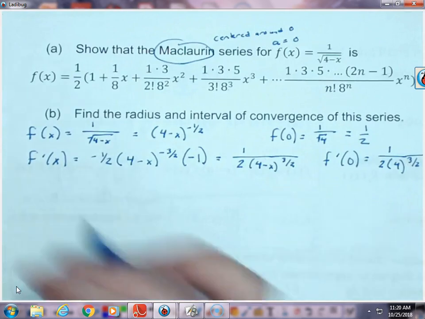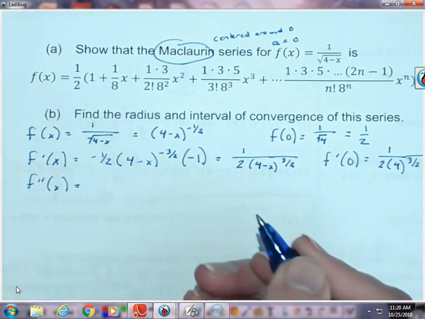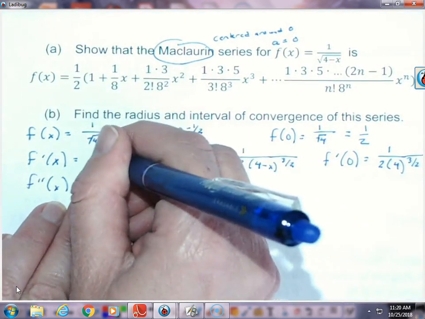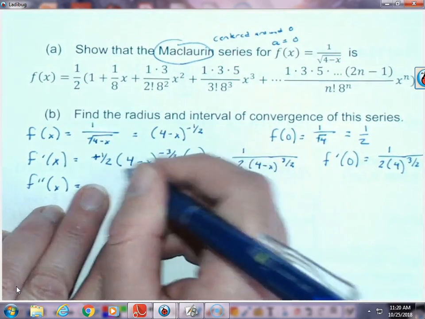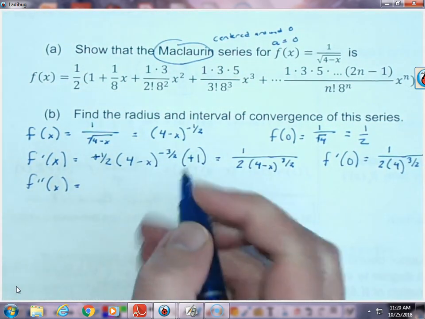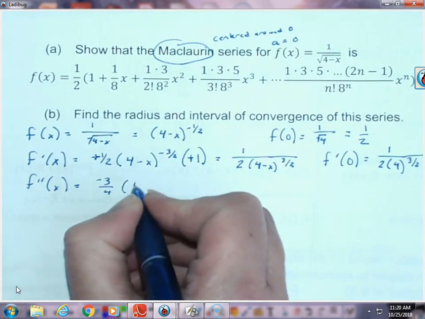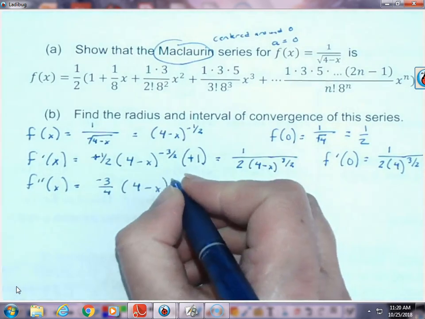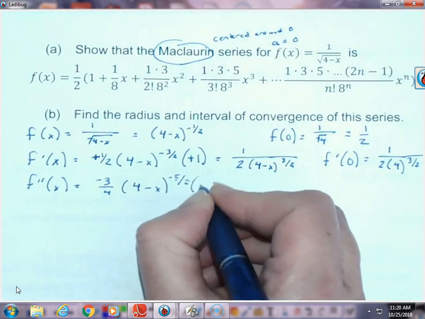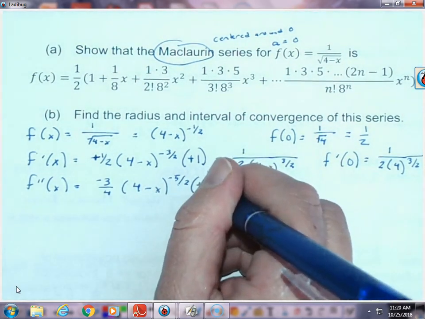Okay, so we're going to take another derivative. And it's easier in this form, so I'll just go ahead and make that plus plus, so we can kind of ignore the 1 and just do this. So we're doing the negative 3/2 times the 1/2. And then 4 minus x to the, perfect, times negative 1. Okay, so we're going to go ahead again and just make that positive.